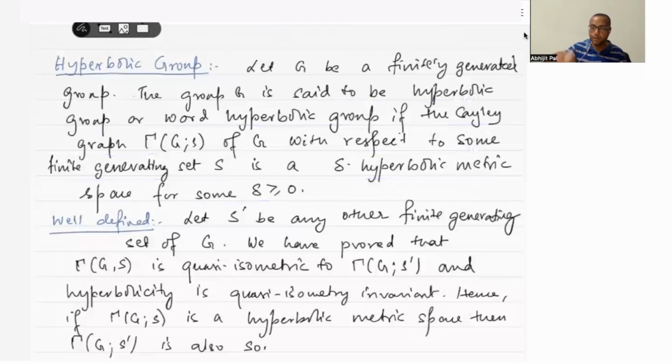So corresponding to a finitely generated group, you can construct a Cayley graph. If that Cayley graph is a hyperbolic metric space, we say that that group is a hyperbolic group.